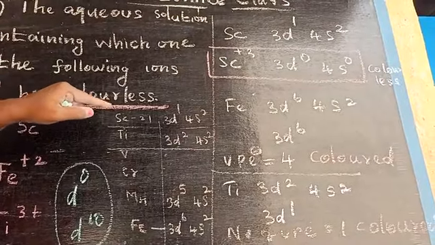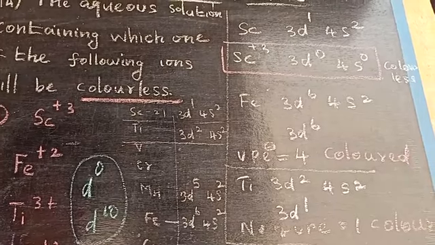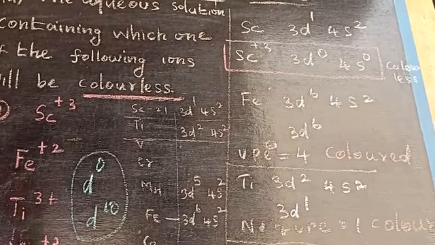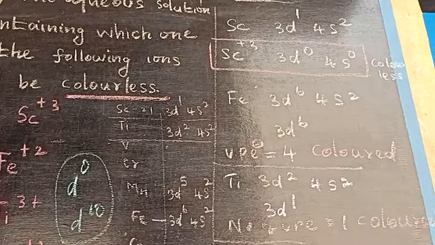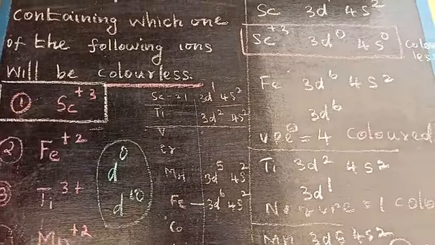Children, I hope you understand this question very well. So 3d0, 4s0 is colorless, here that is Sc3 plus. So the correct option is the first one, Sc 3 plus.